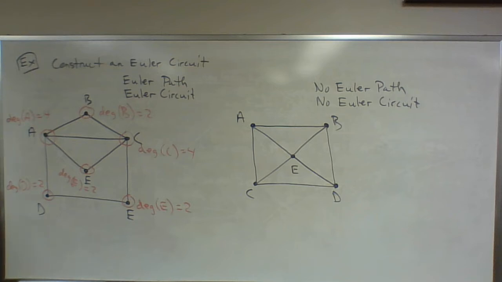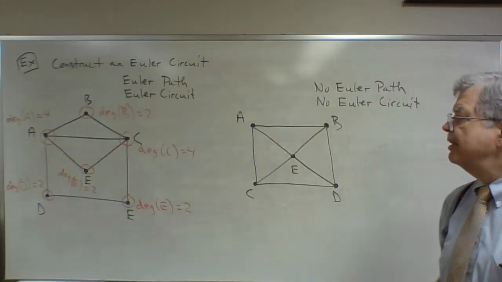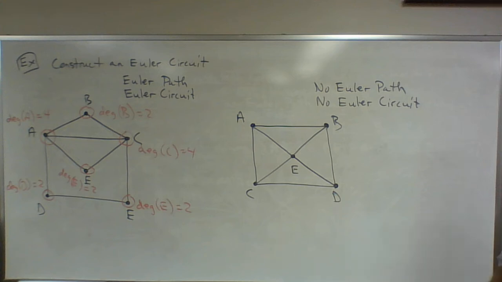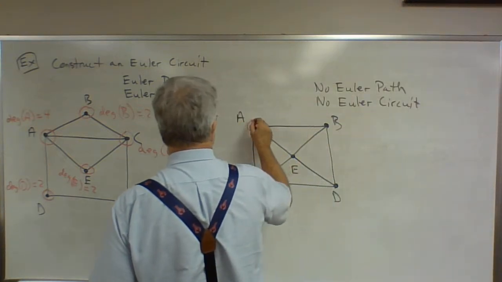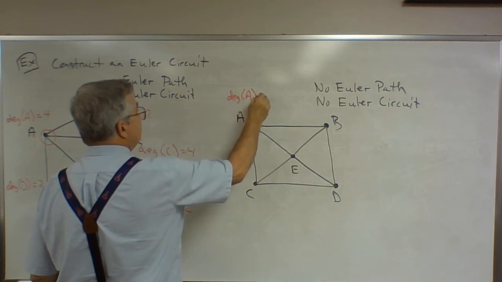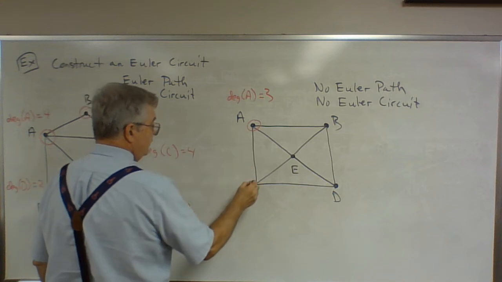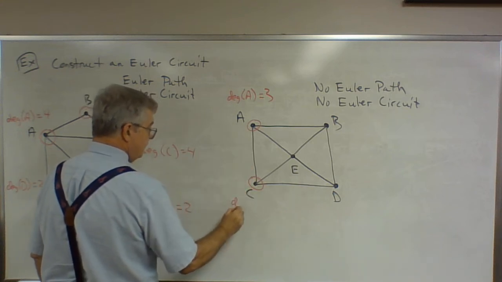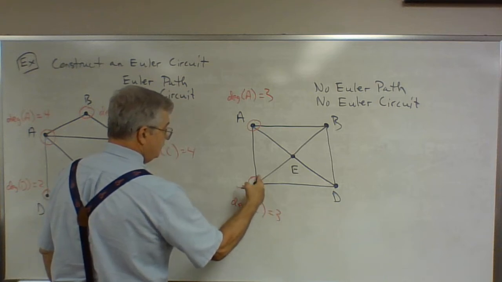Now, we listed the degrees of every vertex, and maybe there's something special going on there. Maybe it isn't. Let's look over here. The degree of vertex A, 1, 2, 3. The degree of C, 1, 2, 3.